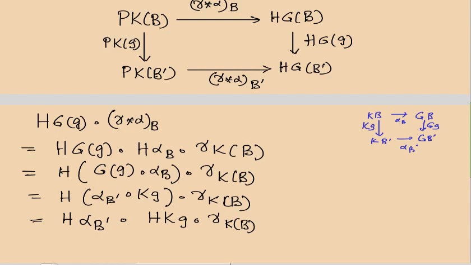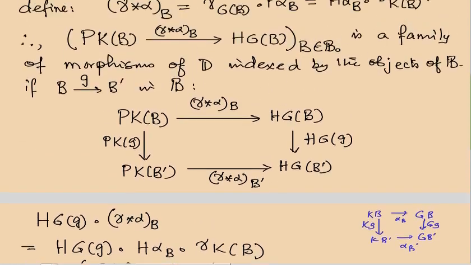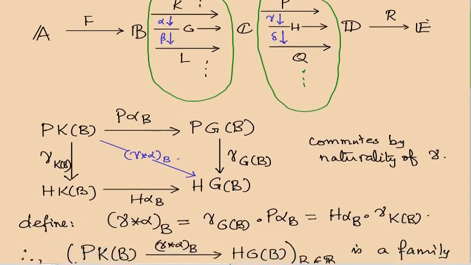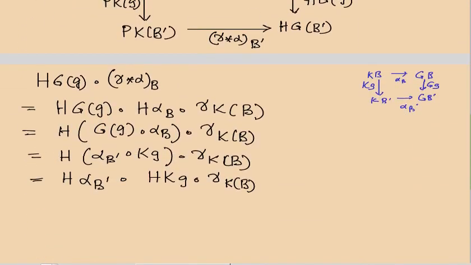Now let's see what gamma is doing. Gamma is from P to H. So PKB to H of KB is gamma KB.